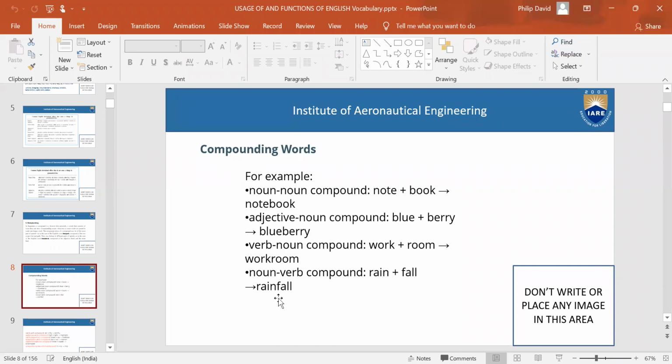Compound words, for example: noun compound, note plus book, notebook. Adjective noun compound, blue plus berry, blueberry. Verb noun compound, work plus room, workroom. Noun verb compound, rain plus fall, rainfall.